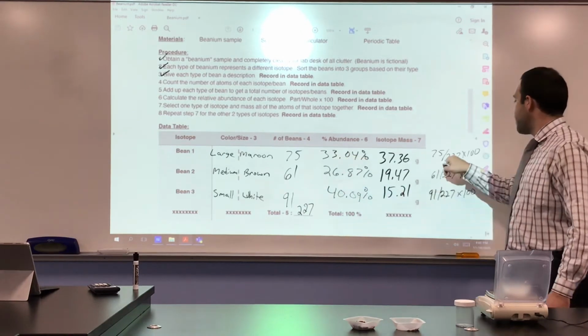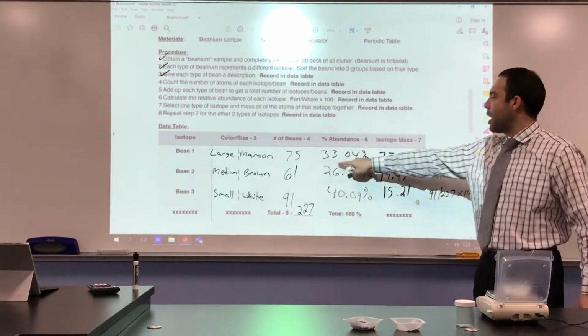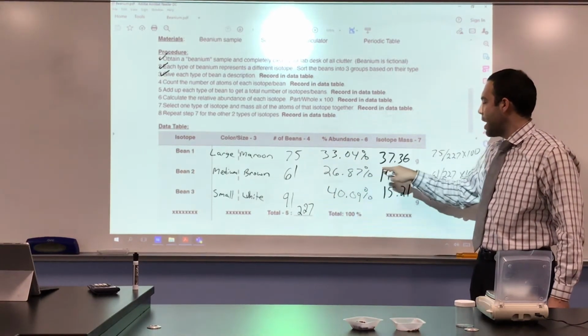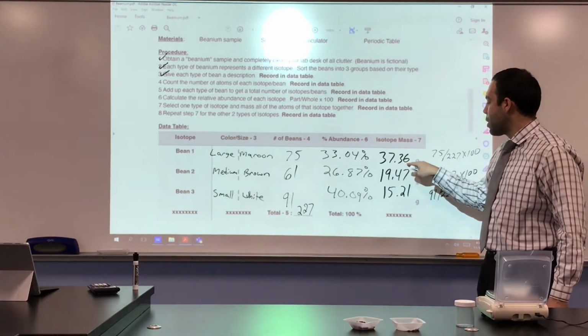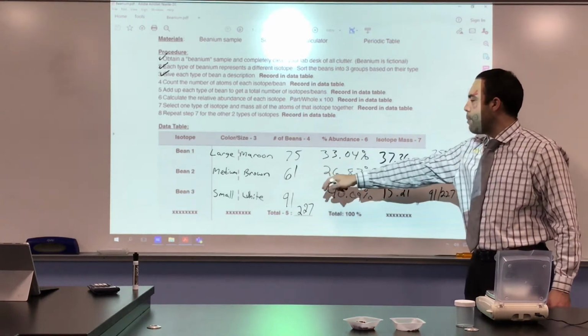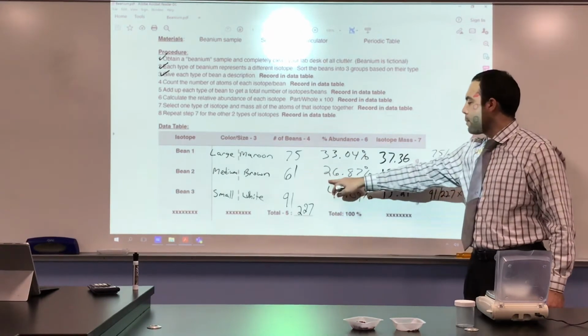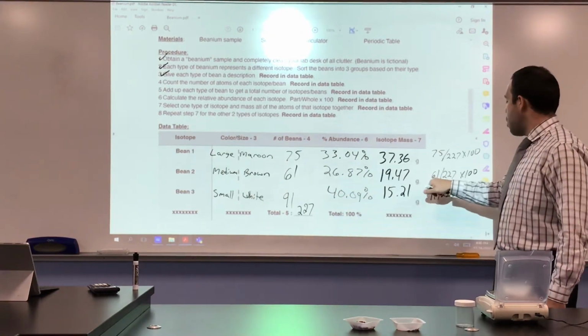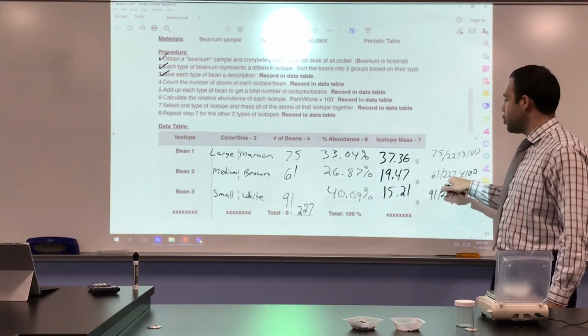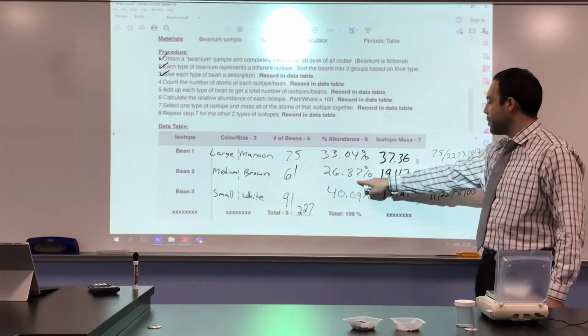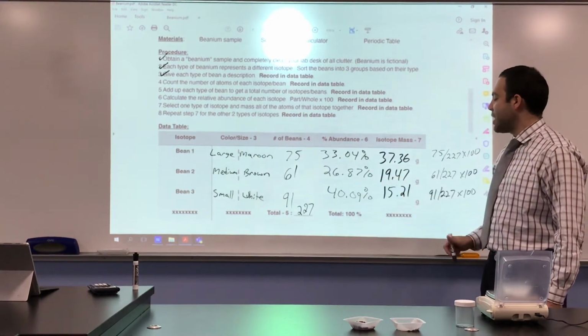So our large maroon beans, there were 75 of them. Relative abundance, 75 divided by 227 times 100, that worked out to be 33.04%, and the mass was 37.36 grams. Our medium brown beans, there were 61 of them. Part over whole, 61 divided by 227 times 100 works out to be 26.87% and 19.47 grams.